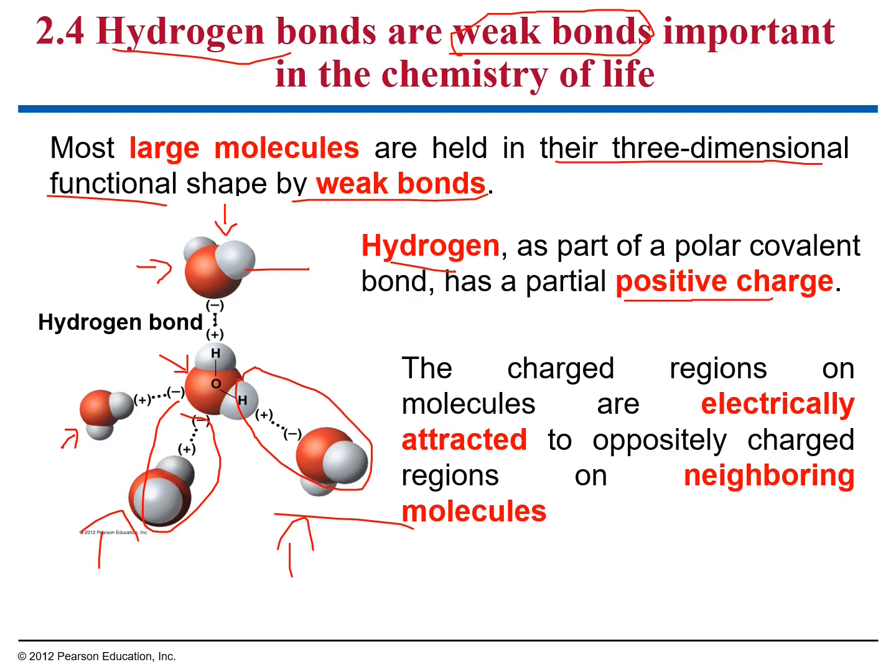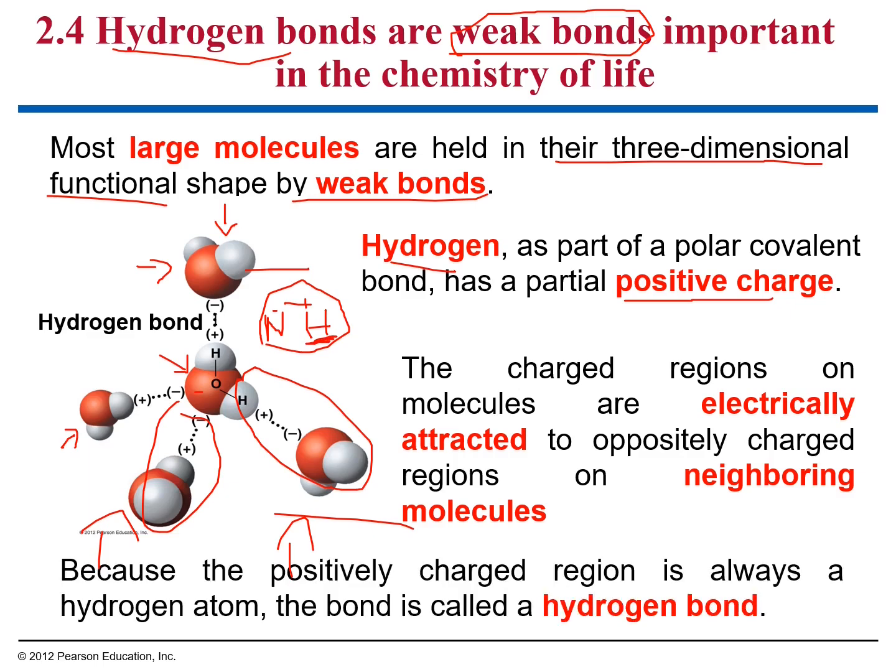But hydrogen bonds don't always need oxygen, and it's not always with water. For example, in the DNA, you can have nitrogen and hydrogen. Nitrogen will be more negative and hydrogen more positive. So in that case, you find another type of weak bond, with an attraction, so you make another hydrogen bond, but without oxygen.